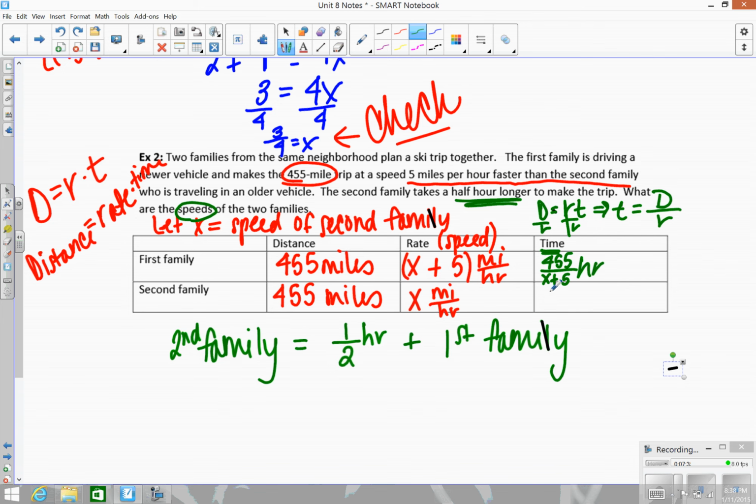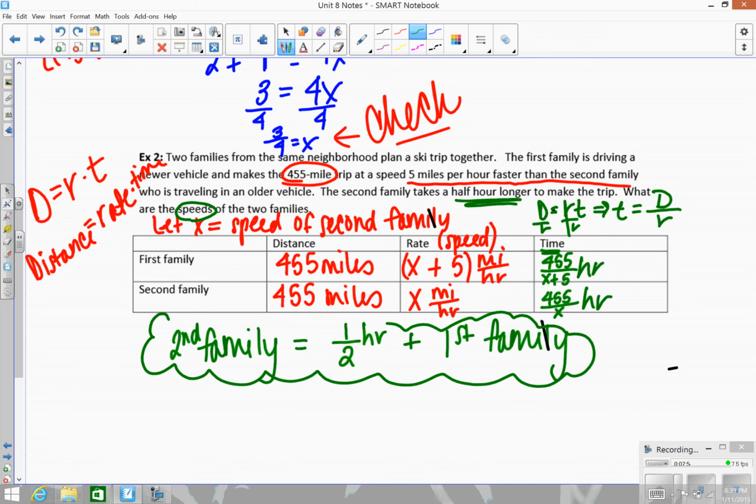And then the second family is going to be 455 divided by their speed. That's how many hours. The second to last sentence says that the second family takes a half an hour longer. So I can use this relationship to help me solve this problem.